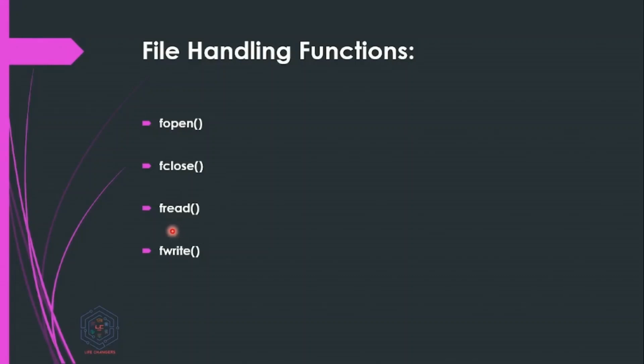If we want to read the files, then we can use the fread function. Then if we want to write the files, then we can go for the fwrite function. And one main difference is that if we use the read library, then we can only read the files and we cannot do any modifications or changes in those files.